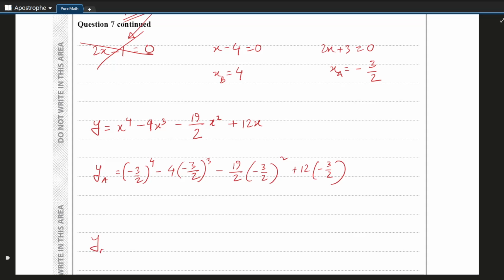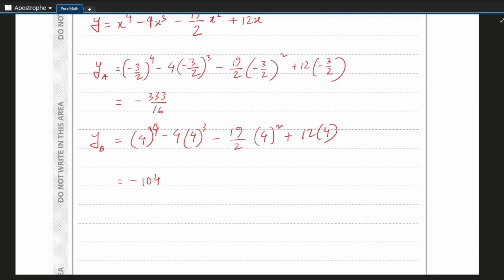Similarly, y of b is equal to 4 to the power 4, minus 4 times 4 cube, minus 19 over 2, 4 squared, minus 12 times 4. I made a slight mistake here. This will be positive. So when we calculate, we get this.